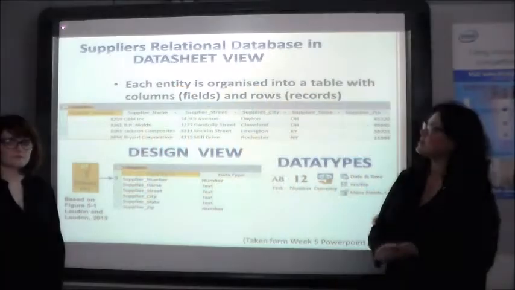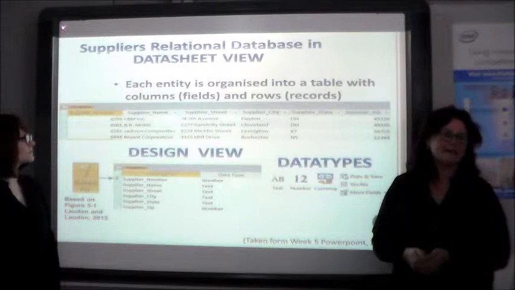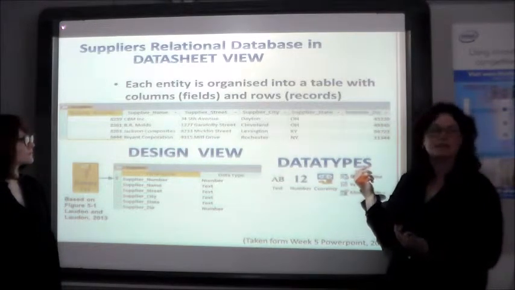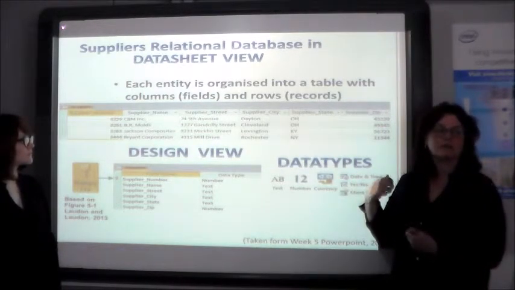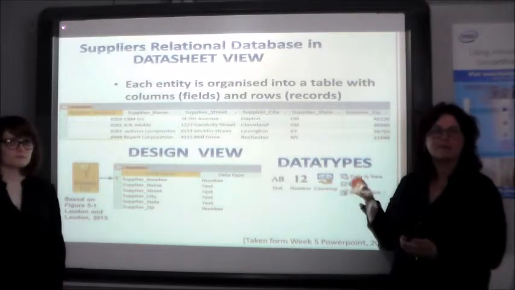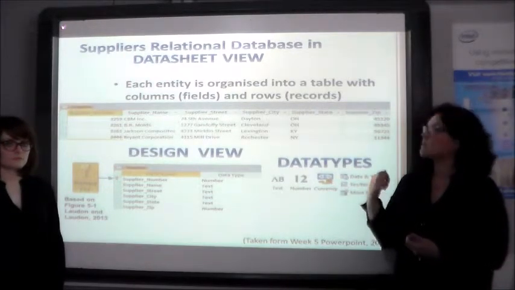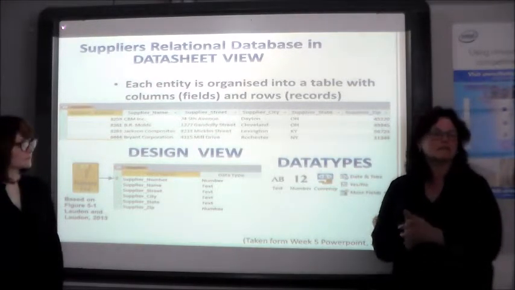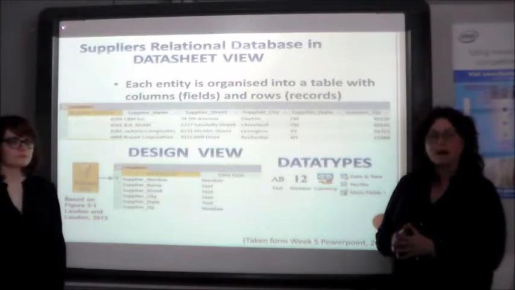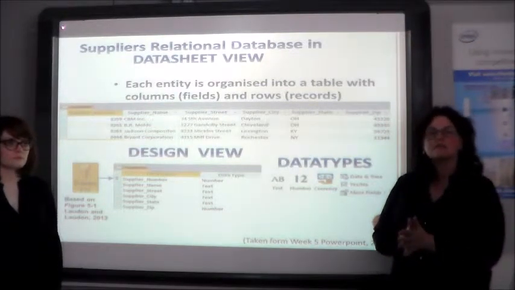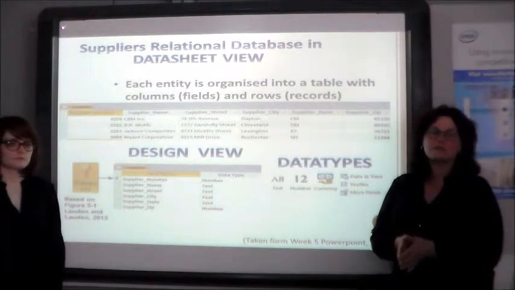So here we have the suppliers relational database. This basic form of database design is based on a DBMS, database management system, which in this case is Microsoft Access, which is a specific type of software that creates, organises, stores and accesses data from a database.